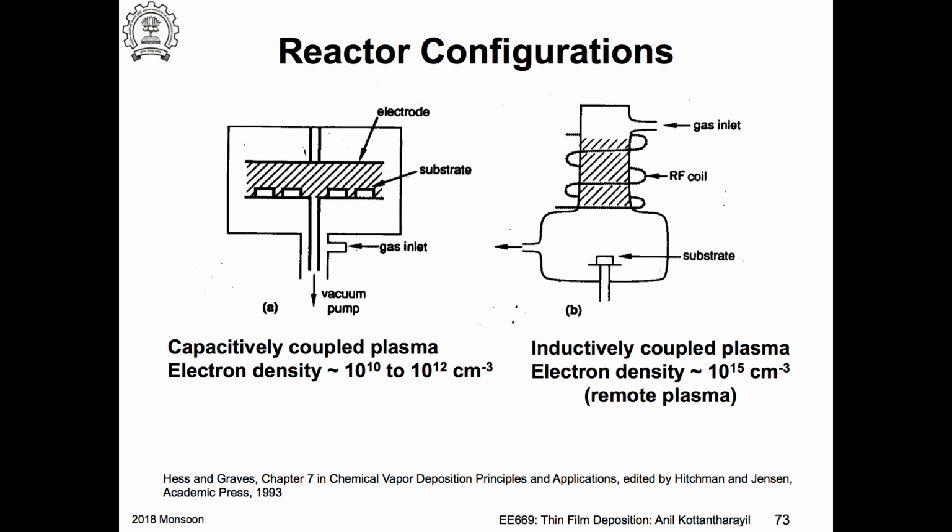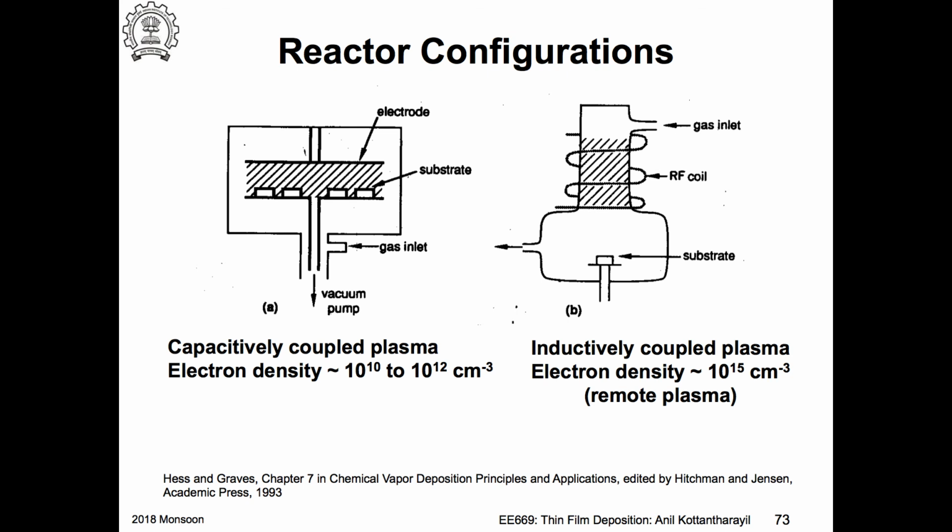We can get a plasma torch onto this, and that gives you the deposition. Since you are applying RF power using an inductor, it's possible to confine the electrons within the space, and you can get a higher density of plasma.